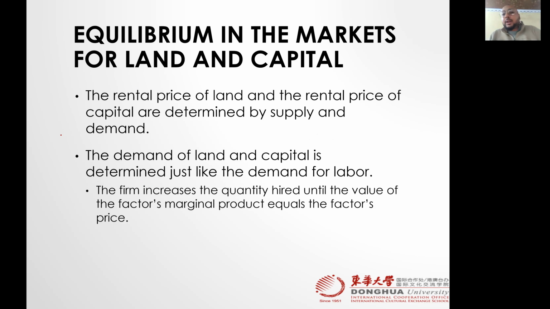So the rental price of land and the rental price of capital are determined by supply and demand. Once you purchase the capital and land, it's yours. But mostly in business, the rent depends on supply and demand. And their demand is also called derived demand.